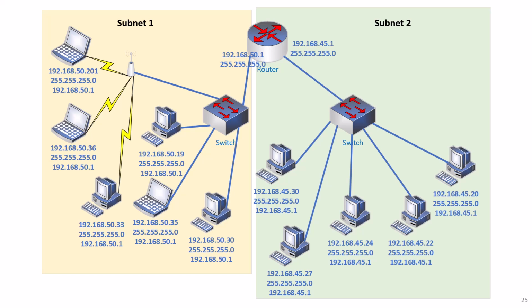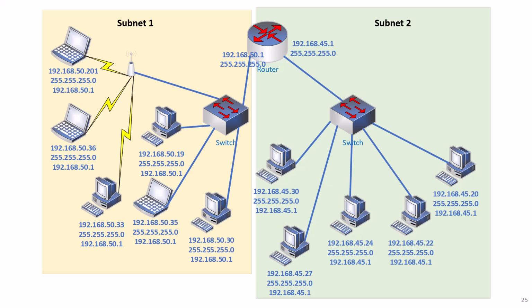The router will subdivide the network into two subnets. If you look at subnet 1, you have the subnet mask of 255.255.255.0, which tells you that 192.168.50 is the network portion of those addresses, which means every host on subnet 1 must begin with 192.168.50 and should have the same subnet mask of 255.255.255.0.